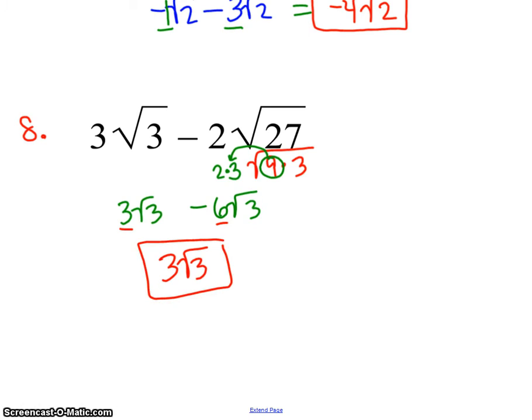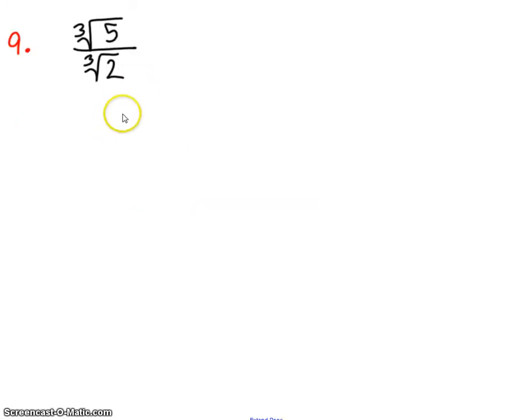Okay, last one. I have a cube root of 5 over a cube root of 2. So I cannot take the cube root of 2 and I cannot have a root in the denominator. So I need to multiply by something, I don't know what that is, so that if I multiply to 2, I can then take the cube root of it.